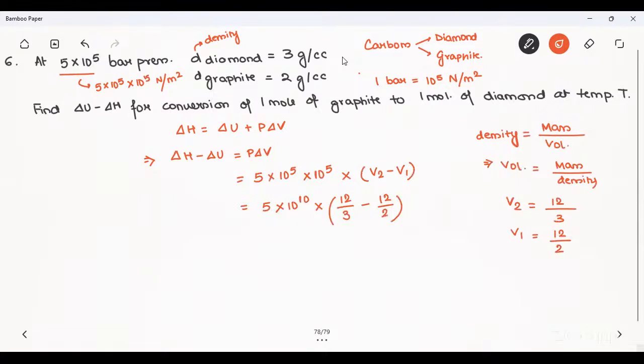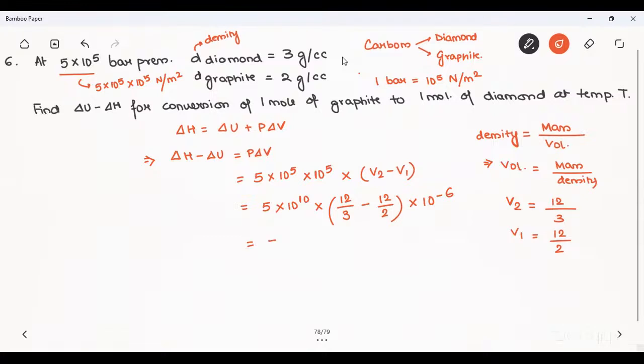So now can we just solve this? What will it be? Okay, so this is gram per cc. Now we are converting it into molar, so this is for 10 to the power minus 6. Now we will solve and get the answer in kilojoule.